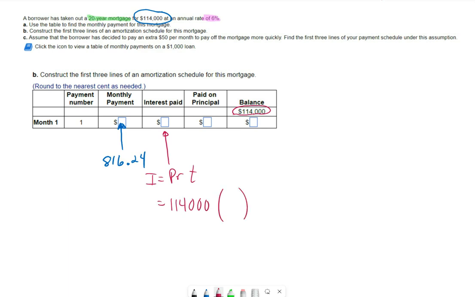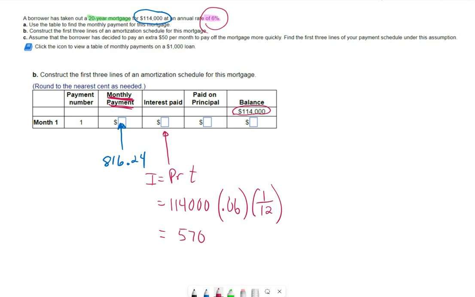Our interest rate was up here. That was the 0.06. And remember, this is a monthly payment. So the time is just for this 1 month. So it's 1/12 of a year.